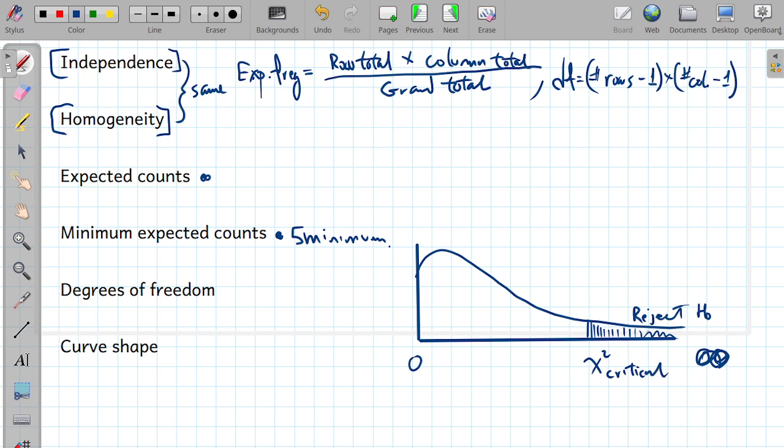It marks off the appropriate region for rejection, whether it's at 5%, 1%, 10%, or whatever you have. So that means if we have a calculated chi-square, sometimes it's referred to as the obtained chi-square, if it lands in that rejection region, you reject H null. This is the fail to reject region.